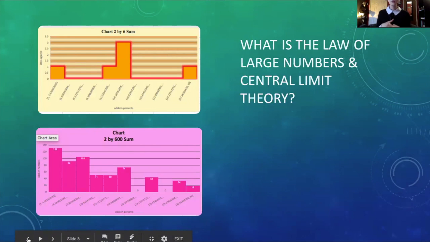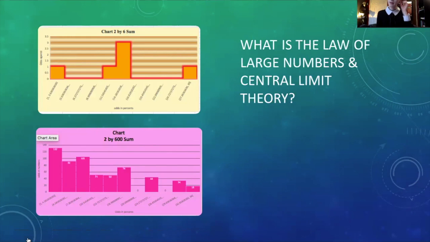Okay, so what is the law of large numbers and central limit theory? The law of large numbers is a theorem that describes the result of performing the same experiment a large number of times. Notice the graphs.